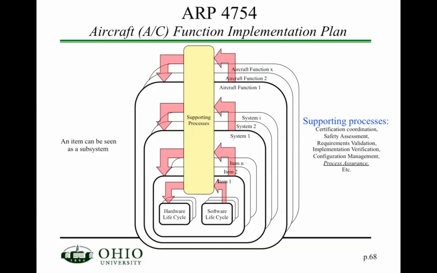So what you're seeing is that within an aircraft there are multiple, in this case X, aircraft functions. Within a particular aircraft function there may be a number of systems, say I, and within each system there may be multiple items, and each item of course may be hardware or software or both. So in a sense, that's the components.